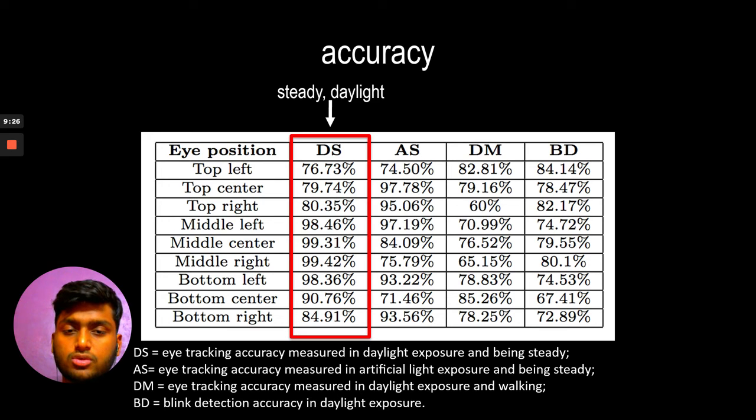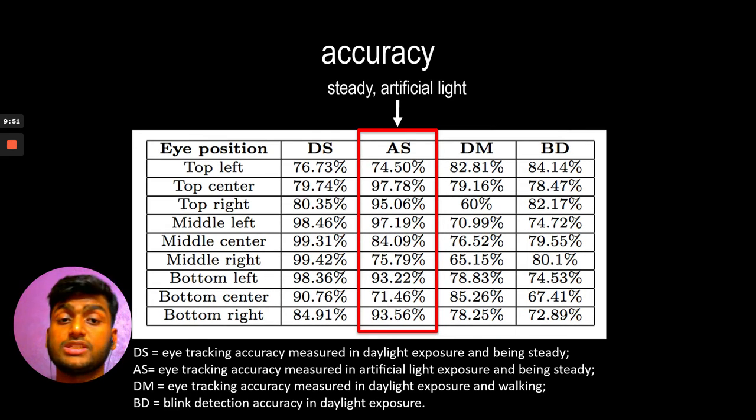As you can see, in the current data of the steady daylight environment, we have scored pretty good accuracy, ranging from 80 to 95 and almost touching 100. So we can say it is a good accuracy statement, but it still needs scope for improvement.